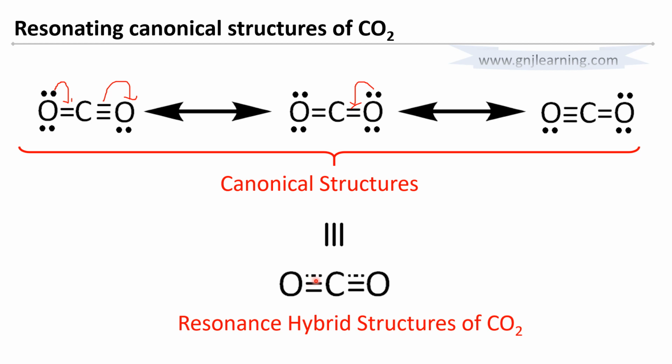Electrons are not localized, they keep on moving, and that's the reason for their stability. So the resonance hybrid structure of carbon dioxide is this one. I hope you have understood resonance.